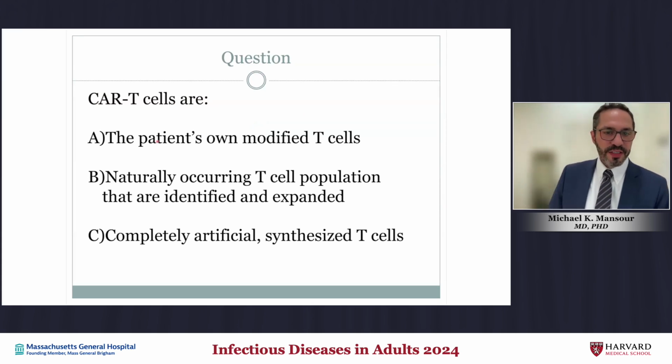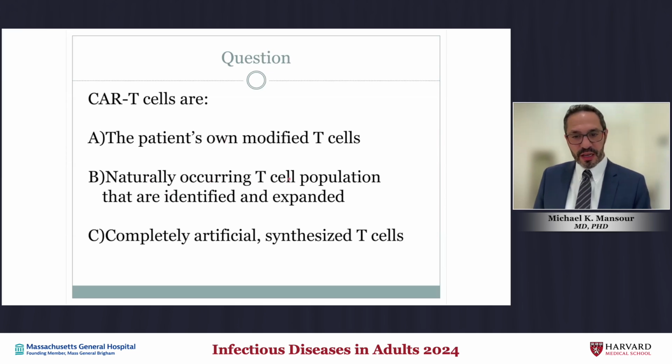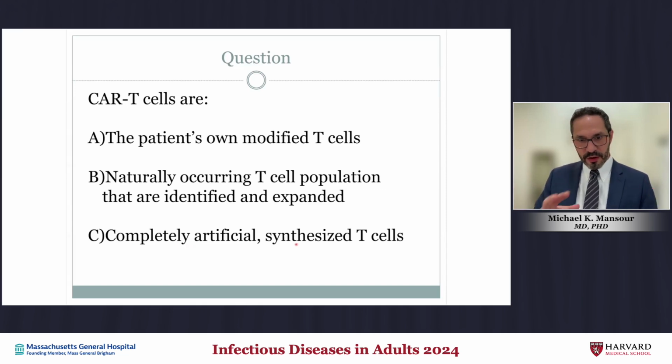Are CAR T cells A, the patient's own modified T cells? Or B, they're naturally occurring T cell populations that are identified in the patient and expanded for therapy? Or C, they're completely artificial, a synthesized T cell, like a Frankenstein T cell that we make ourselves and has nothing to do with the patient?